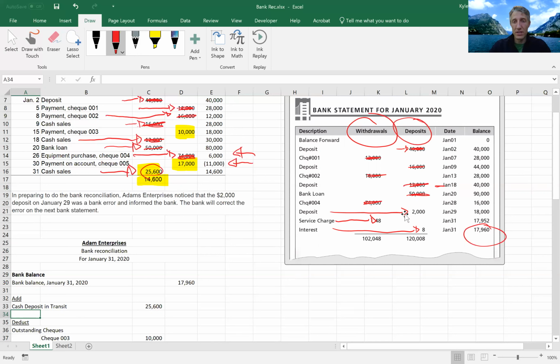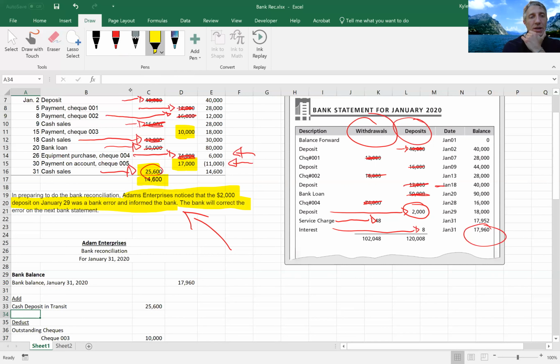So I'll start first with this $2,000. And actually, this one's a little bit unique. It's unique in that it says in the question down below here that in preparing the bank reconciliation, Adams Enterprises noticed the 2,000 deposit was a bank error. The bank will correct the error on the next statement.